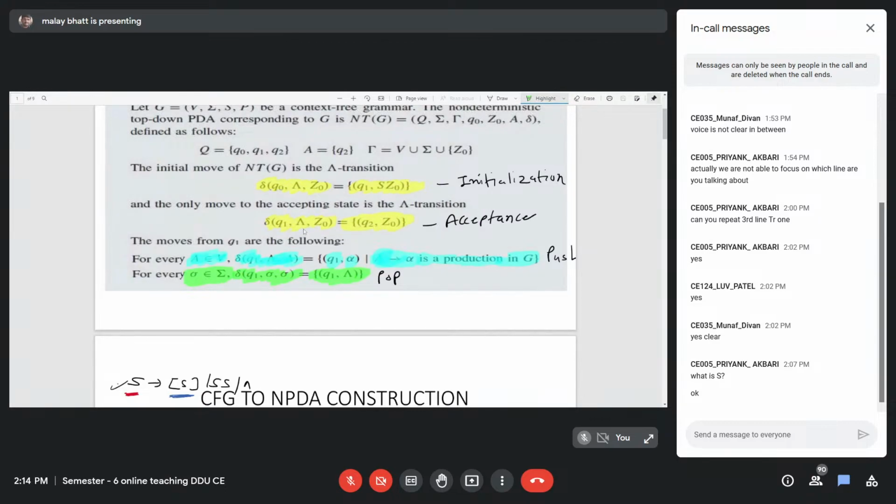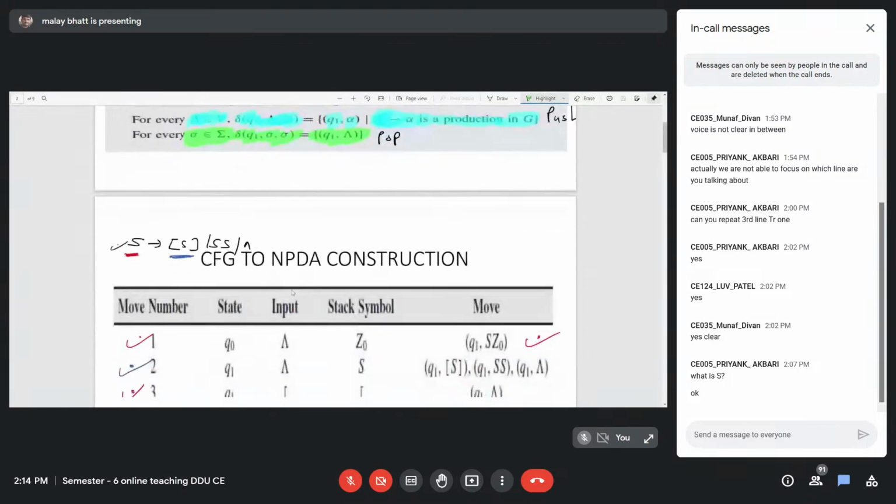The second rule is for acceptance: Q1, null, Z0 will give Q2, Z0. Then we have two recursive rules, Q1, null, A, which will give us Q1, alpha. Similarly, for terminal symbols, we have Q1, small sigma, which will give us Q1, null. That is applicable to every terminal symbol.